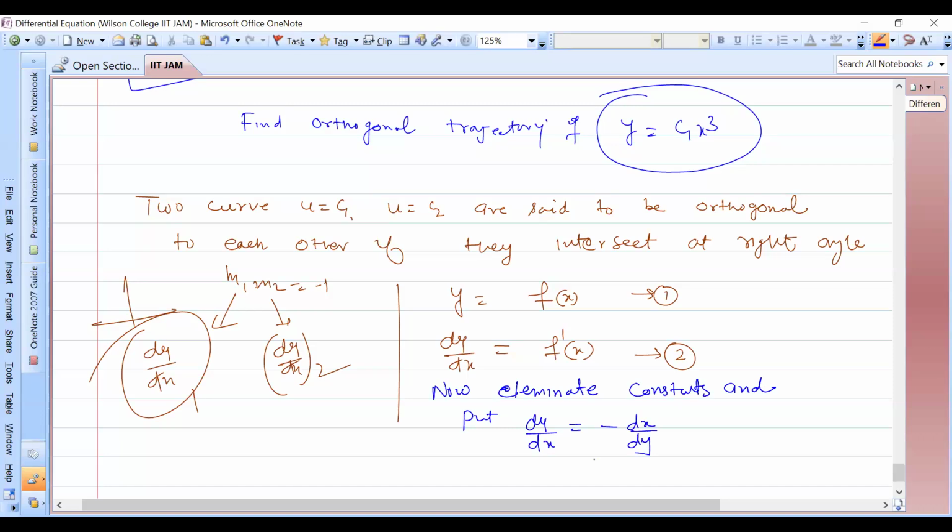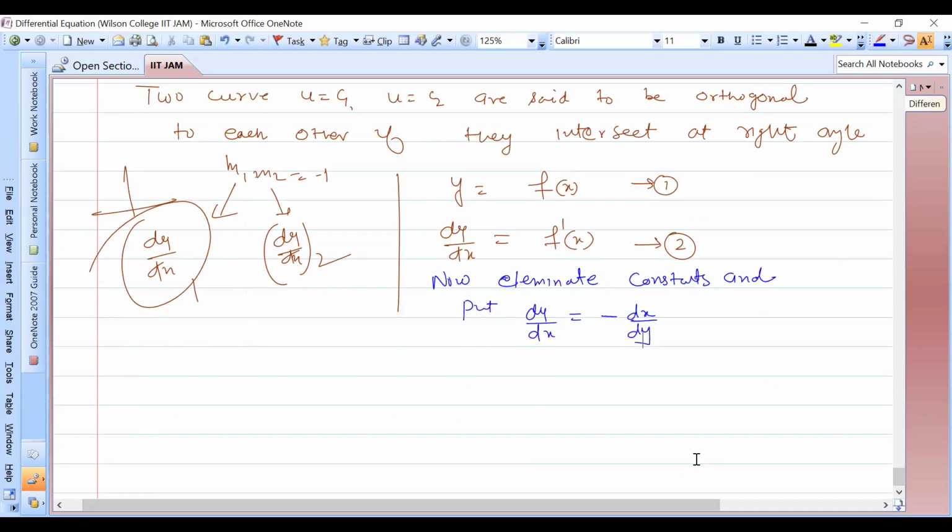Agreed? Yes, sir. So I think you have the answer of this. Yes, sir. It's 3y square plus x square equals to constant. Yeah. Anyone else?